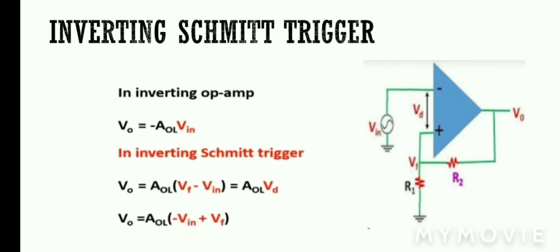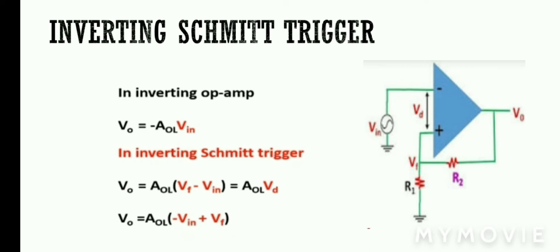Now in the inverting operational amplifier, when it is in open loop configuration, we know that output voltage is equal to negative of open loop gain times input voltage Vin. But in the inverting Schmitt trigger, output voltage is equal to open loop gain AOL into Vf minus Vin, because Vd in the circuit diagram is Vf minus Vin.